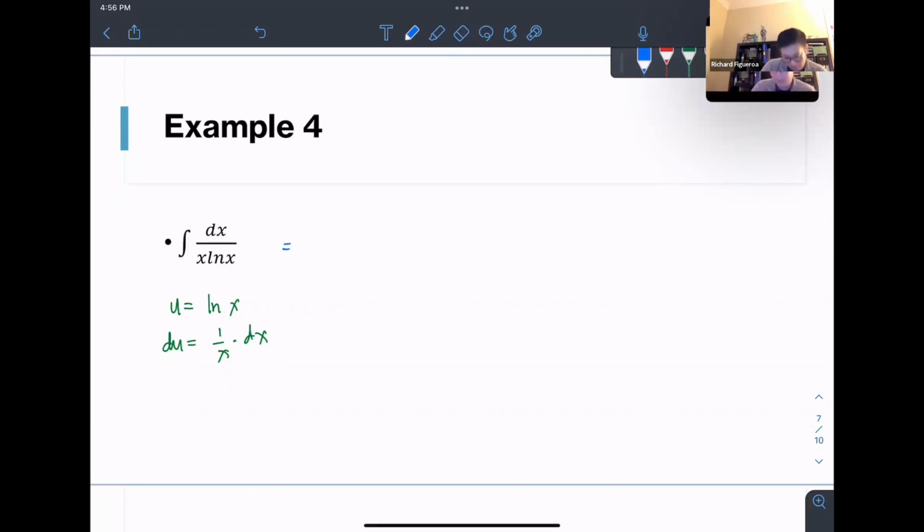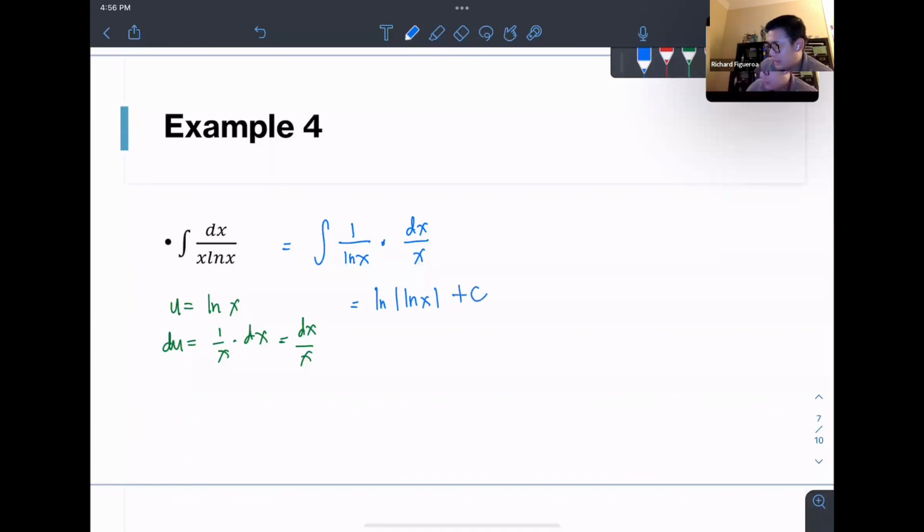This is the same as the integral of, our u is ln x, and then our derivative would be dx over x. So we'll have 1 all over u, so 1 all over ln x, and then the derivative of ln x, it's dx over x. So therefore, what's the answer? It's ln of ln x plus c.